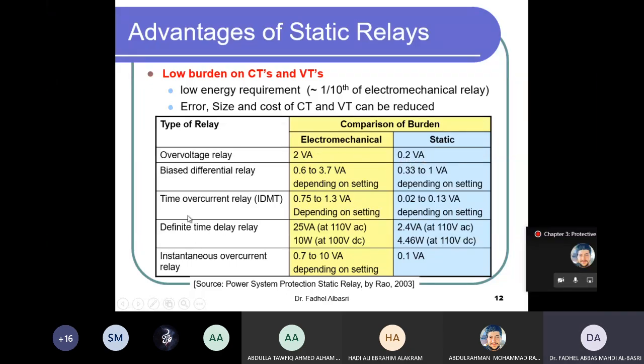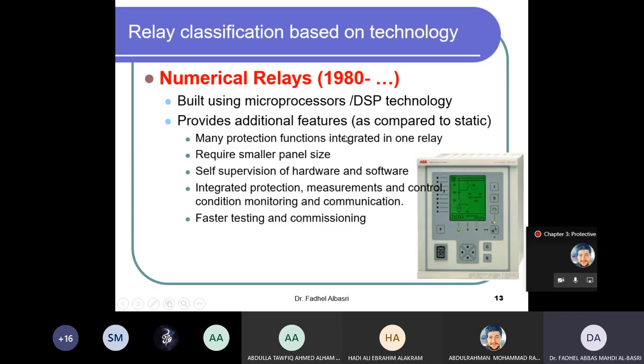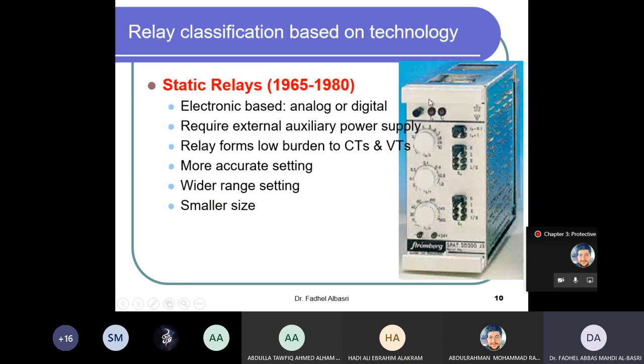And similarly, if you go to overcurrent relay, the burden is up to 1.3, where here it is 0.13, also 1/10 of this, and so forth. So static relay has a lower burden as compared to electromechanical relays.